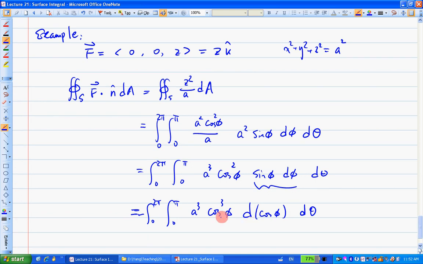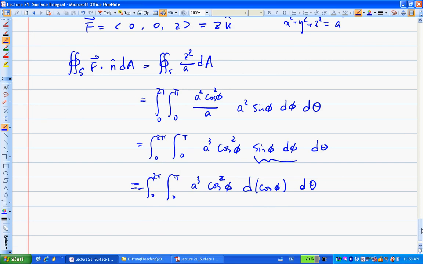So inside here, this is cosine phi squared, so you're going to end up with one over three cosine phi cubed. Yeah, square here. So you do the calculation, and you end up with 4 over 3 pi a cubed.